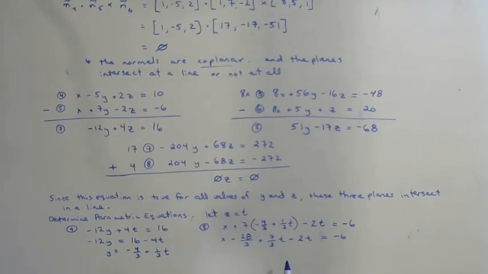For me, I'm just going to think of my 2t in terms of thirds. So this is going to be 6/3, and this is going to be 18/3 as we're working through this. So I've got x over here. I'm going to add 28/3 to my negative 18/3. Okay, that's going to give me positive 10/3.